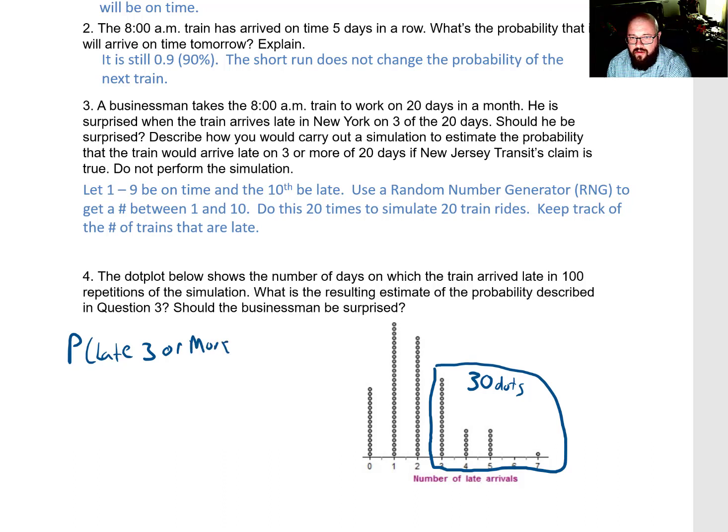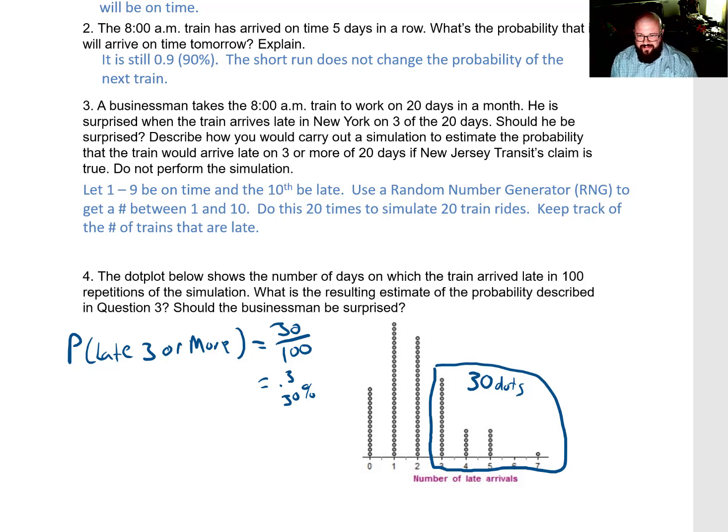Probability of being late 3 or more, that's going to equal, as we had, 30 dots out of 100, right? 30 dots out of 100. So that gives us 0.3, right? Or you could simply say 30%. So 30%.